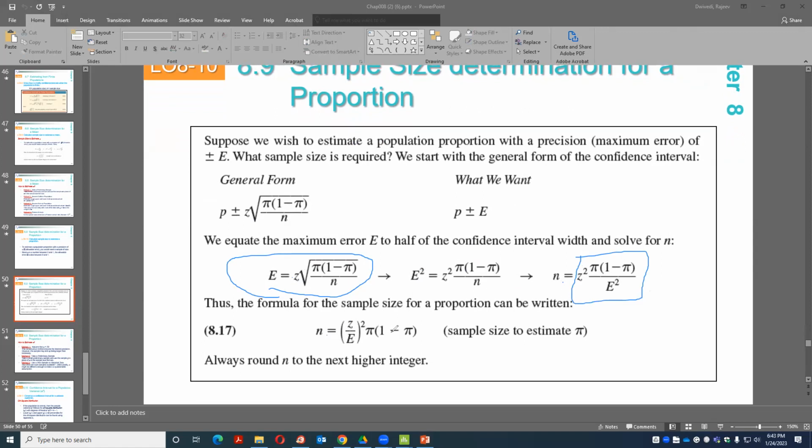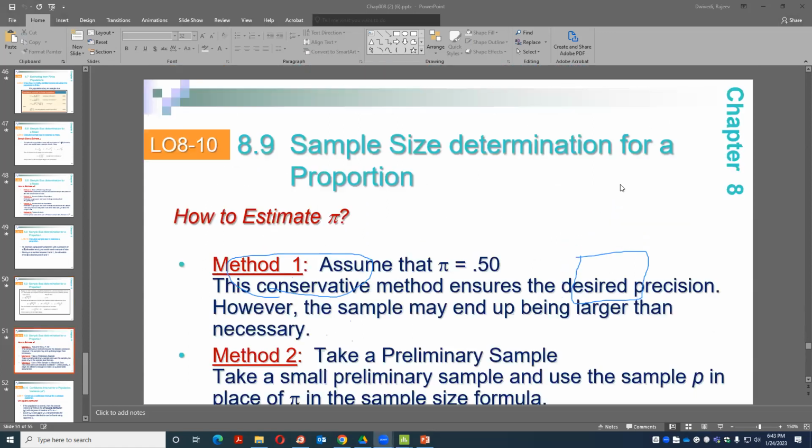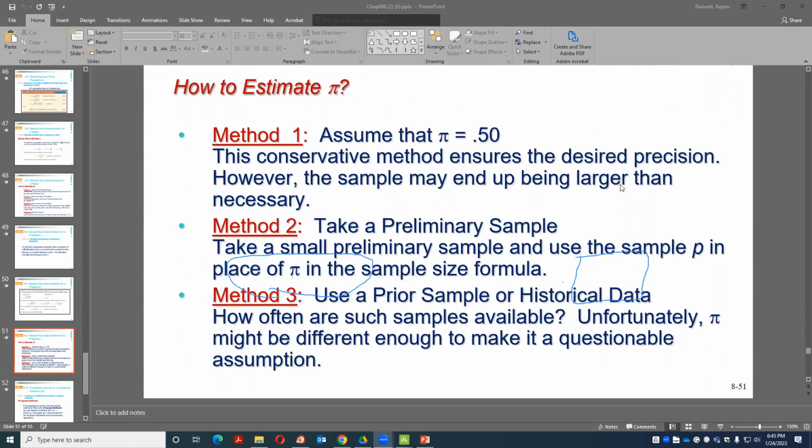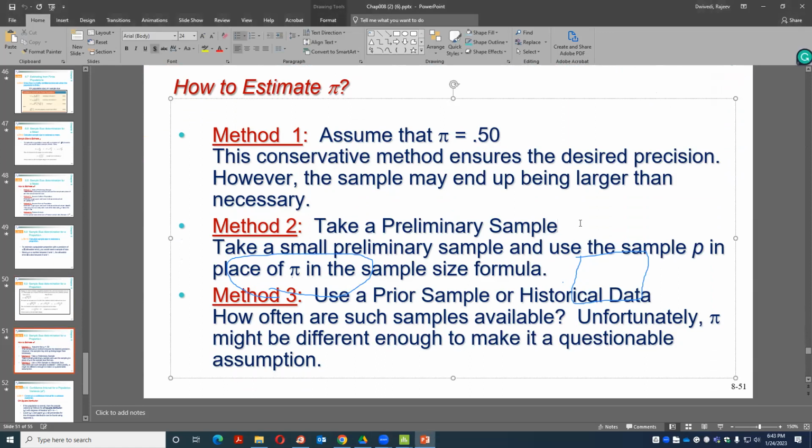For a large population, pi is almost 50%. This is the assumption: if you have a large population, we assume 50%. Assuming 50% is a conservative method or rule. Or take a preliminary pilot sample and, based on that, estimate pi. Or use historical data.